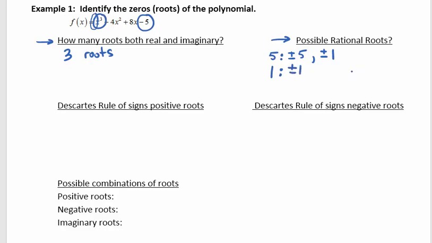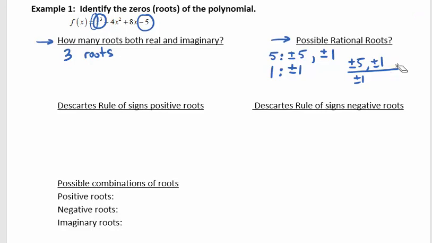And so I want to take these and write them in fraction form. The last term, factors of my last term divided by factors of my first term. Well, this is going to be pretty easy. Really, I have plus or minus 5 up top, plus or minus 1 up top, and then plus or minus 1 down below.